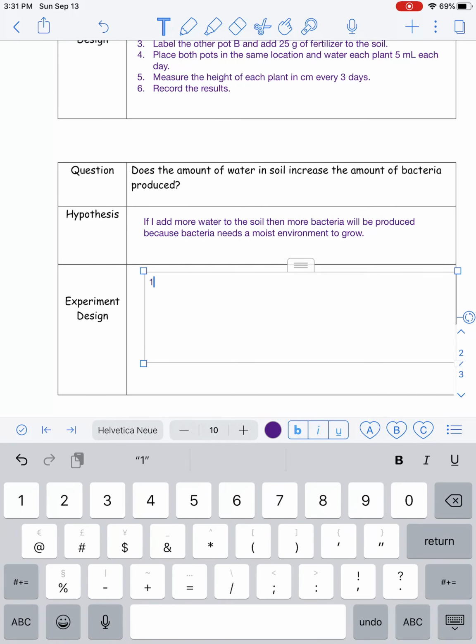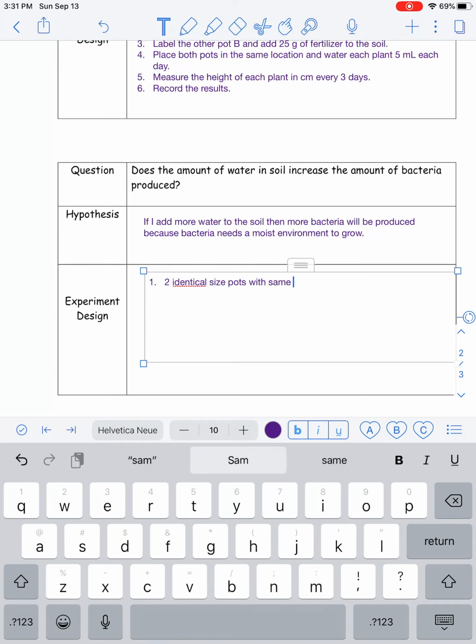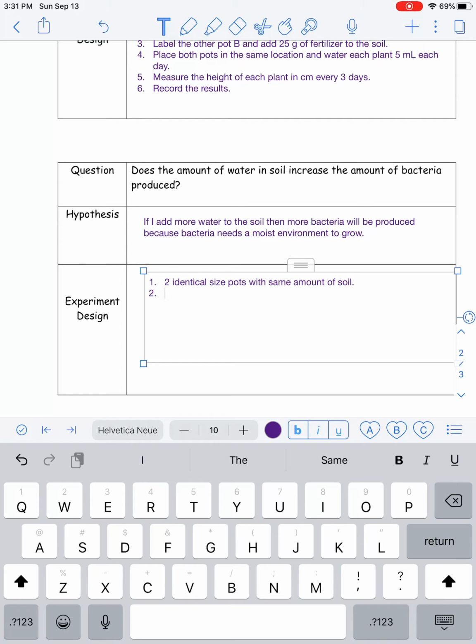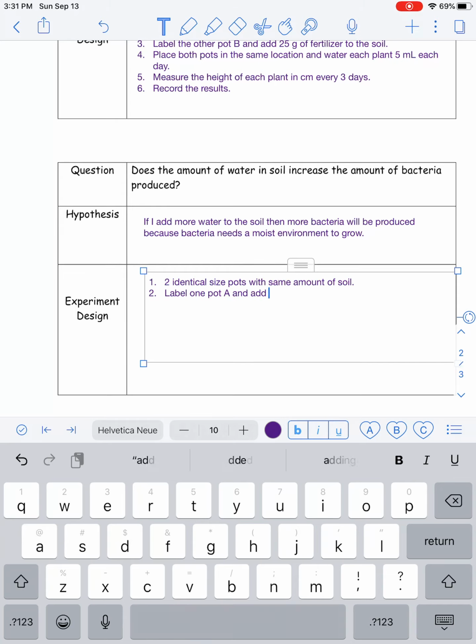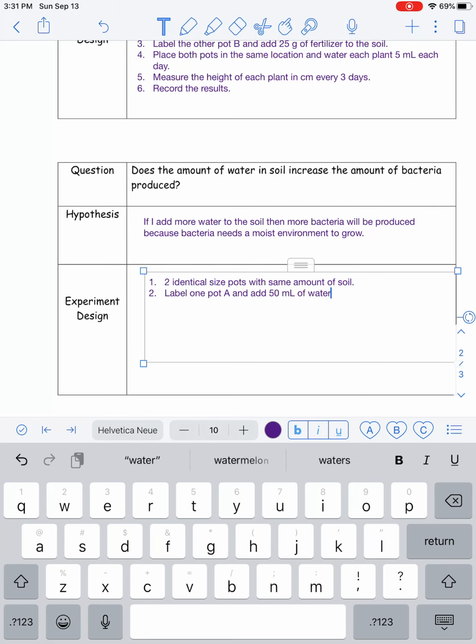Okay, so number one, I would have two identical size pots with the same amount of soil. Okay, label one pot A and add 50 milliliters of water.